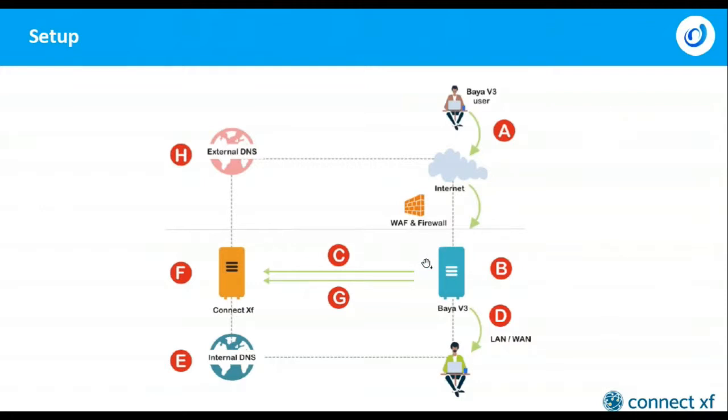You can see the instance added in blue color. This is BIA v3 in addition to your current ConnectXF setup. We will be looking at all the connection points in detail as given in this diagram. So let's see how it goes.